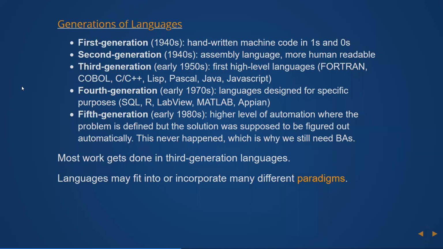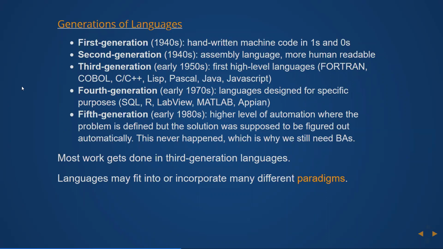The first generation, like I told you, is programs written in ones and zeros at a really low level. They weren't that complex. Then we had essentially assembly languages. And then we got application languages, third generation. Those are most of the languages we know.